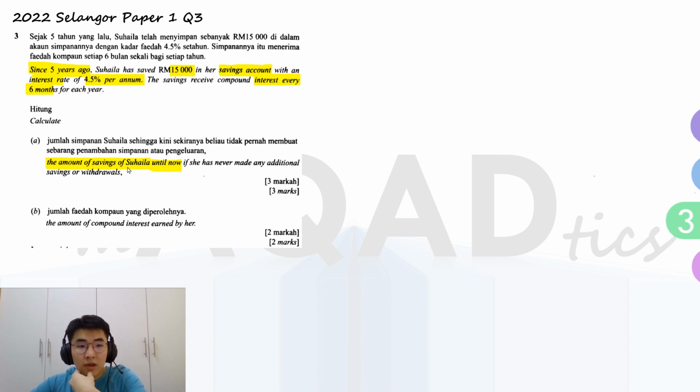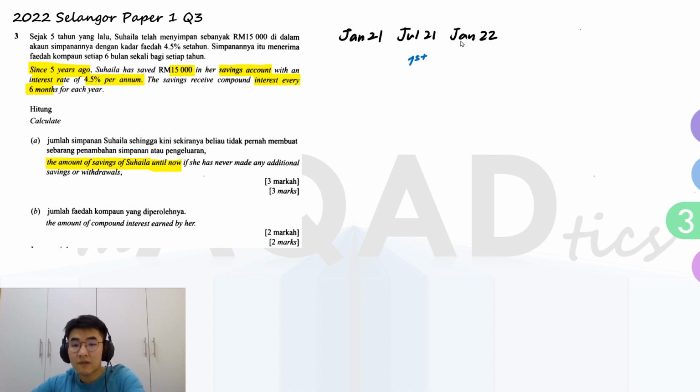Okay, so here this question does not give us any dates, so let's just set a date for ourselves. Let's say during January 2021, Suhaila put this 15k into her saving account. Okay, and after 6 months, which is July 2021, she will receive her first interest payment.